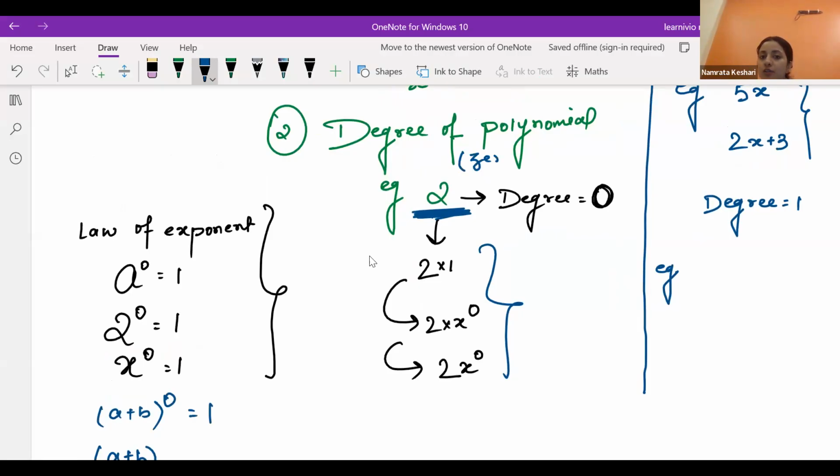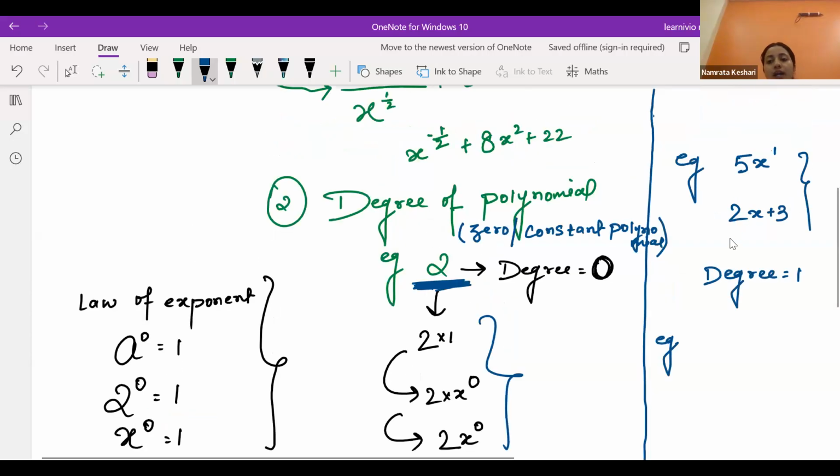If anywhere in your question it is written that there exists a 0 polynomial, you are not going to get confused. Here you won't be able to see any variable, and directly you can say the degree over here is 0.